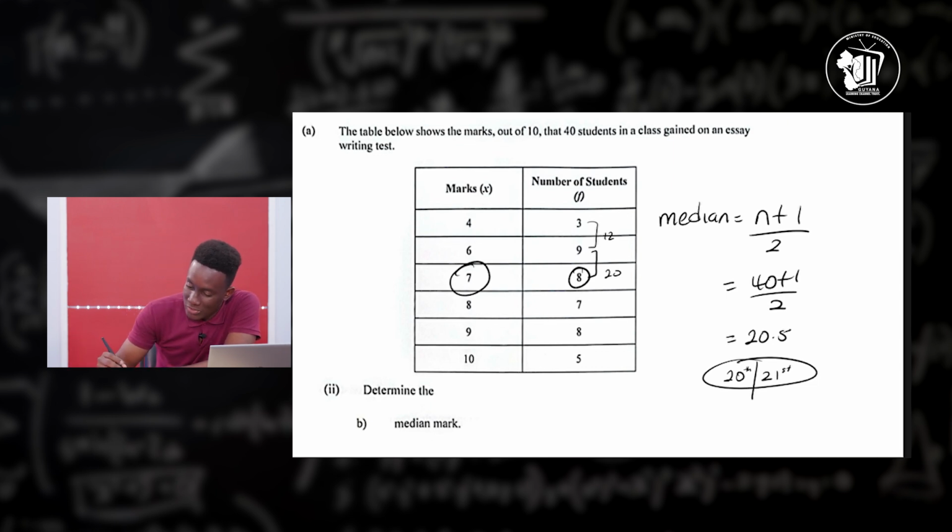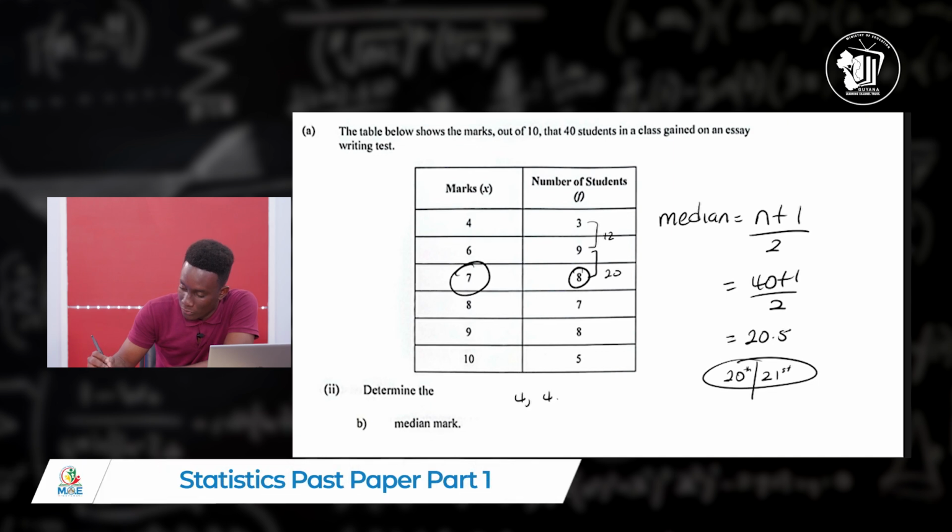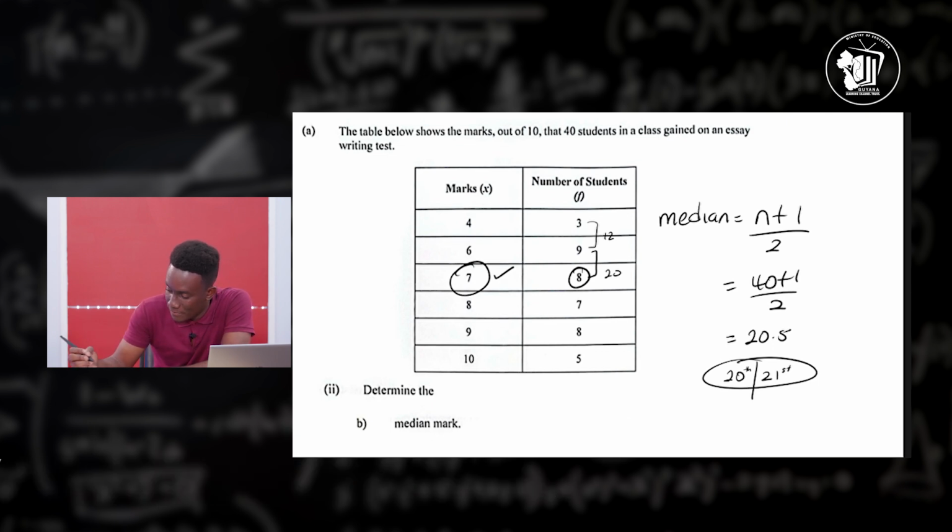If you arrange this in order, it would be 4, 4, 4, and then 6, 6, 6 nine times. So at the 20th position would be the mark 7. And the 21st mark would be the one after that, which is 8, because the 20th stopped right here.